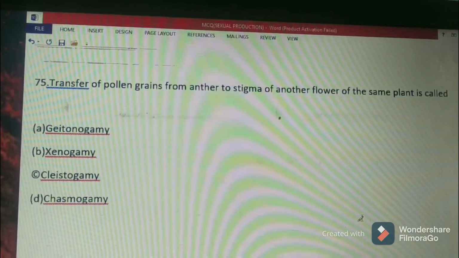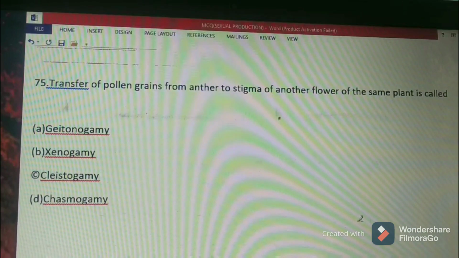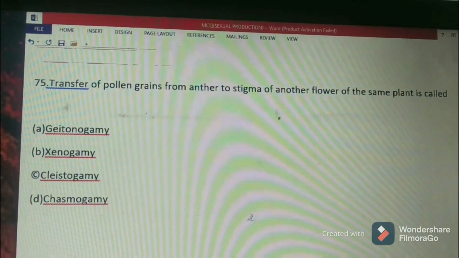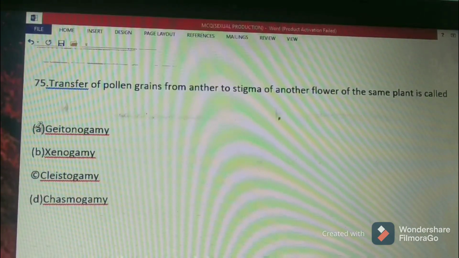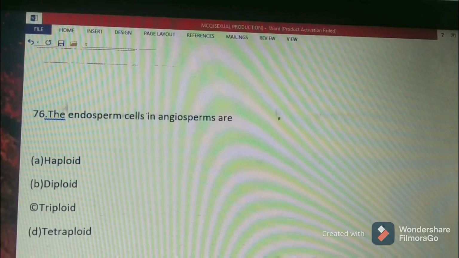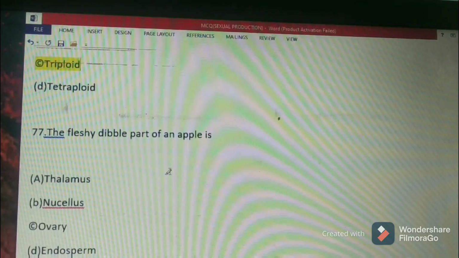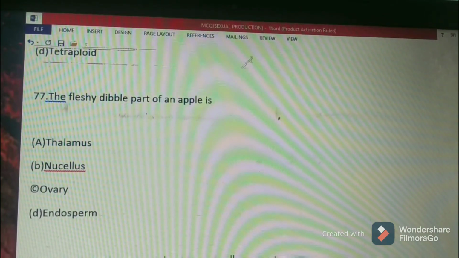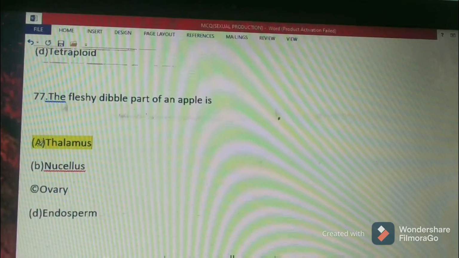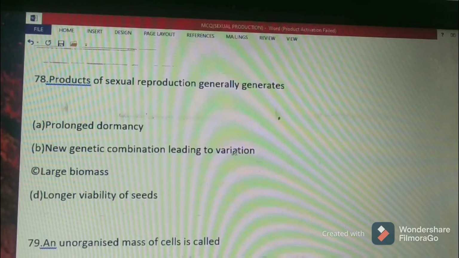Transfer of pollen grain from anther to stigma of another flower of the same plant is geitonogamy. The endosperm cells in angiosperms are triploid. The fleshy edible part of apple is thalamus. Product of sexual reproduction generally generates new genetic combinations leading to variation.